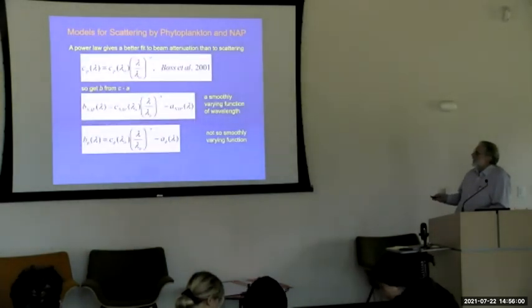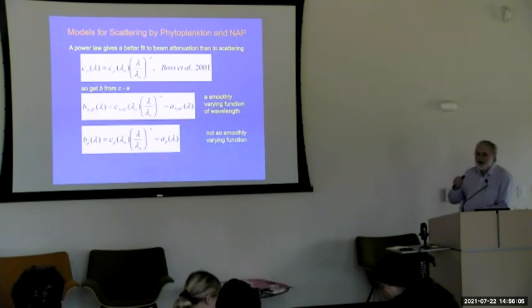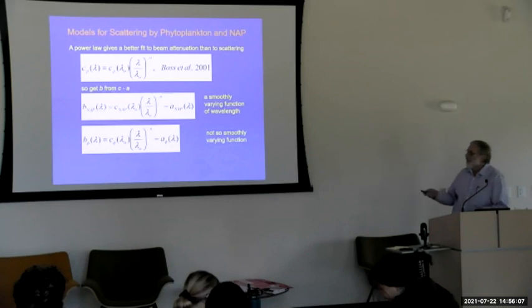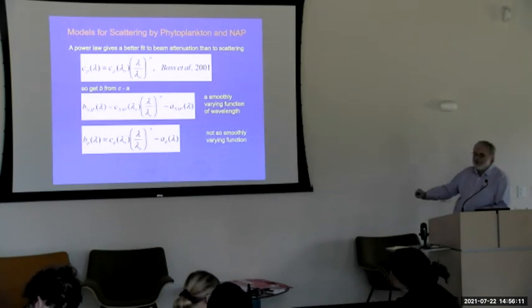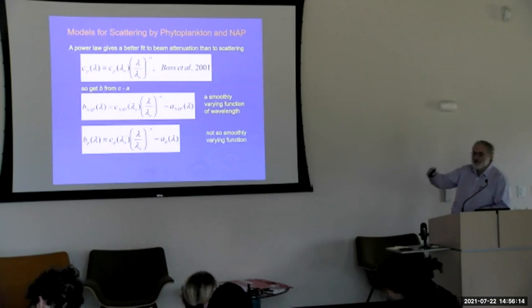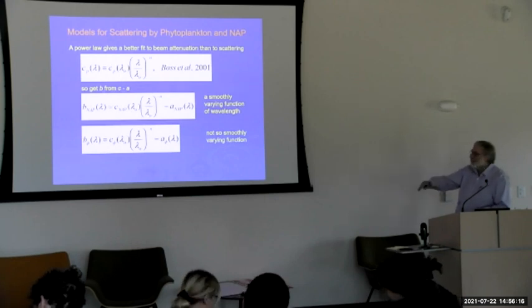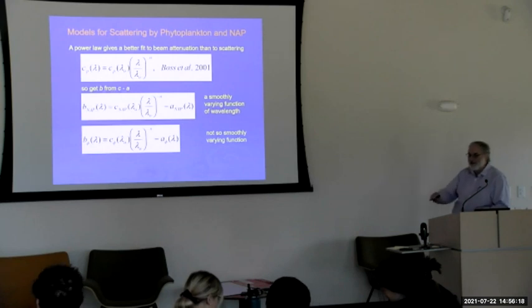So what people often do is, rather than use that power law to model the scattering coefficient, they use it to model beam attenuation. That gives you a better fit of the total beam attenuation to a simple power law than the scattering itself.